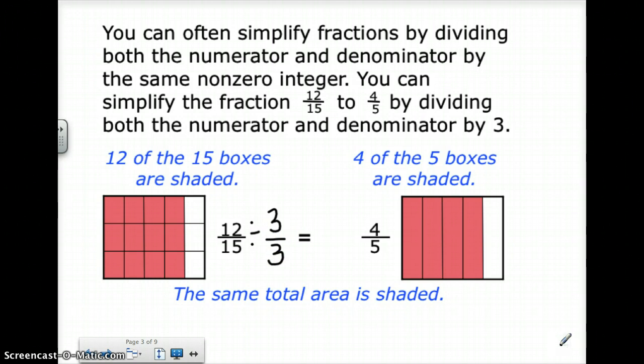Once you get that, your answer is in simplest form of 4/5. Let's go ahead and practice.